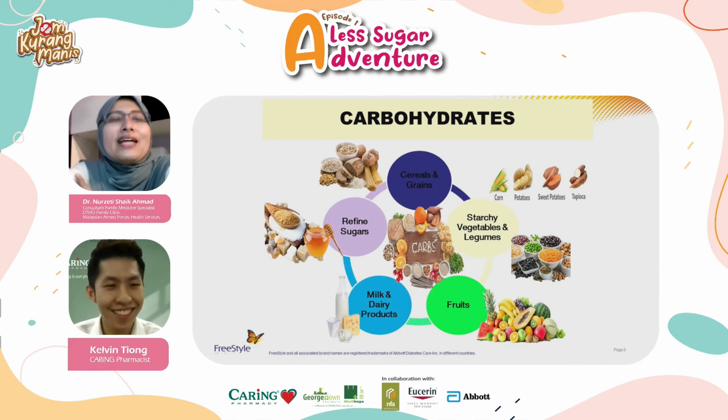Since we cannot avoid all these carbohydrates, that's why we need monitoring, because we need to know how much we can eat without it being too detrimental to our body. That is very personal to every individual, because it depends on how you eat that carbohydrate, and your body's response is influenced by many things.